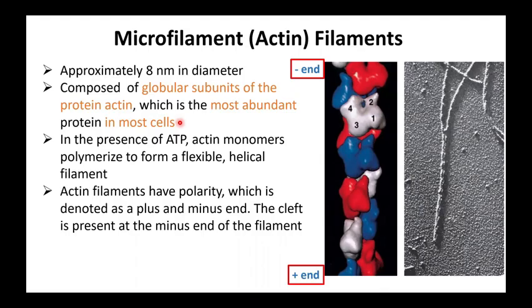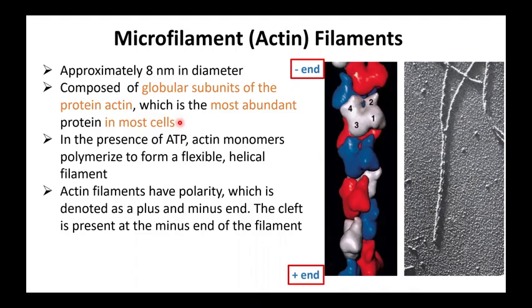Now, in presence of ATP, meaning in presence of energy, the actin monomers polymerize to form the filament, the helical arrangement of the filament. You see that helical arrangement? Look at these globular proteins. They connect together in presence of the energy, and they form the polymer of this globular protein called actin.